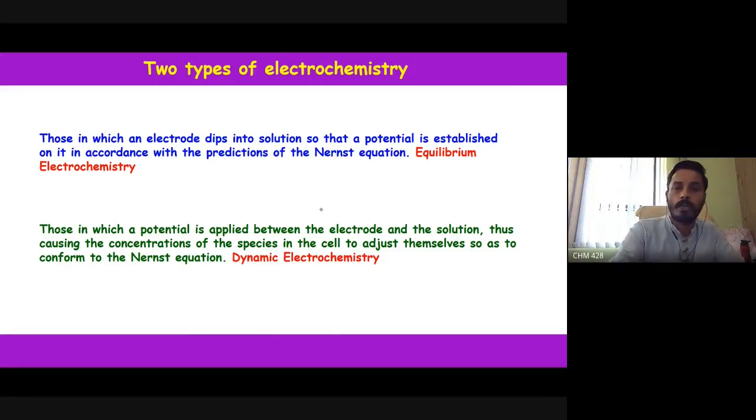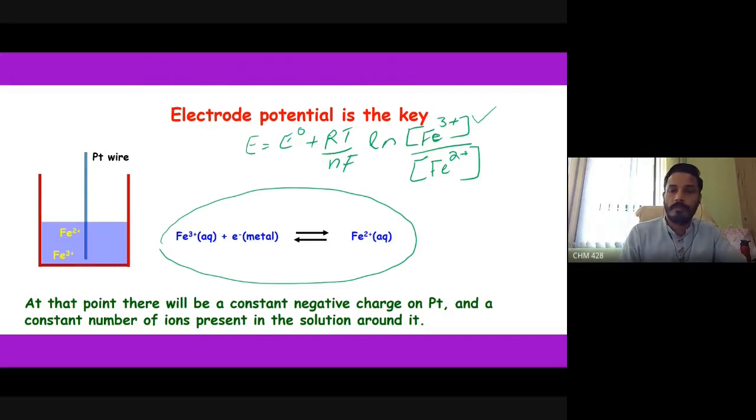There is one more electrochemistry possible. What is that? It is exactly opposite of what you said now. I'm asking you, everybody, one more electrochemistry possible.